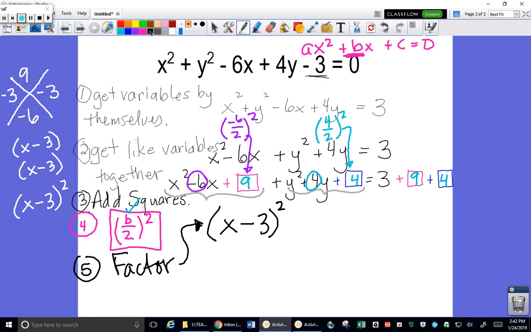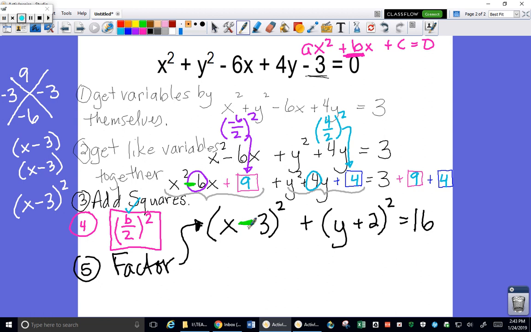By the way, after a while you'll get to notice this: if there's a negative in here, you have a negative in your factorization. -6 gives you a -3 factor. Plus, what numbers multiply to give you 4 and add to give 4? 2 and 2, so this will be y plus 2, quantity squared. And then on the right side, we have 3 plus 9 plus 4, which I hope is 16.